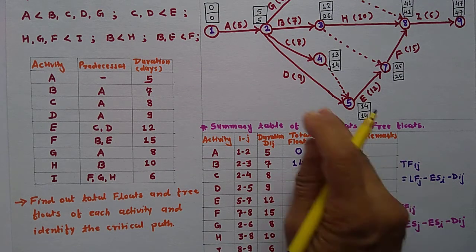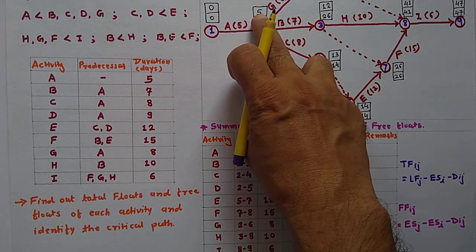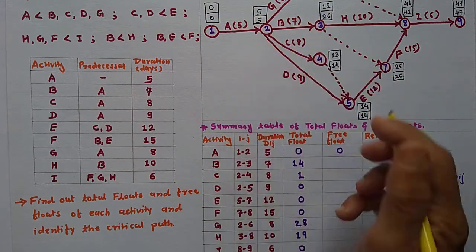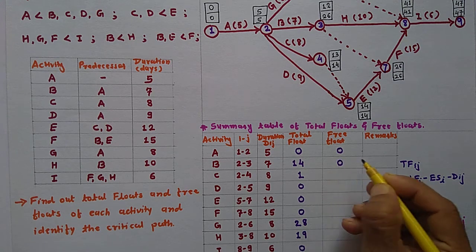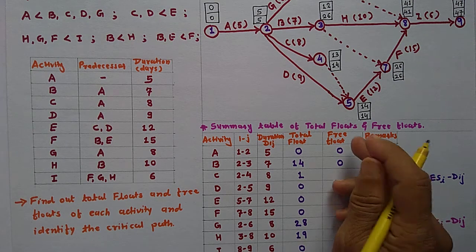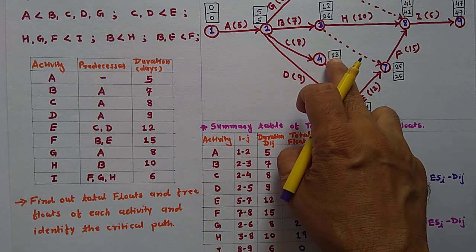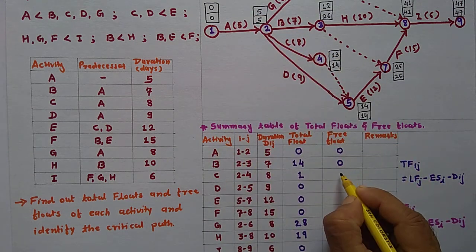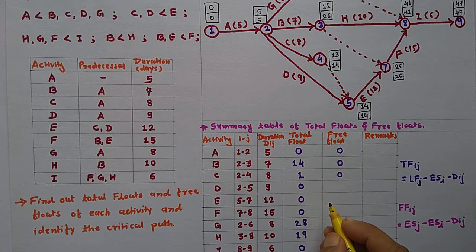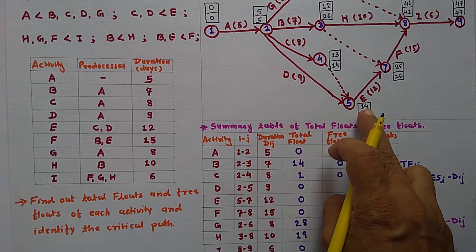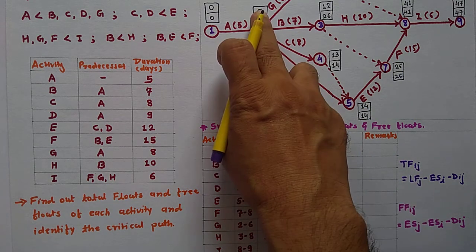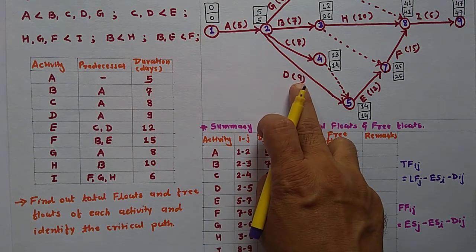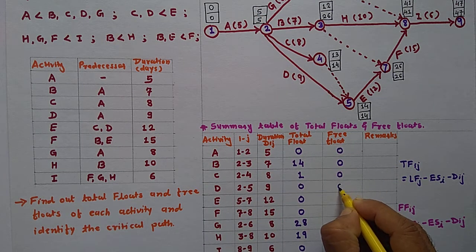Then B: 12 minus 5 is equal to 7, minus duration 7 is equal to 0. Activity C: 13 minus 5 is equal to 8, minus duration 8 is equal to 0. Activity D: 14 minus 5 is equal to 9, minus duration 9 is equal to 0.